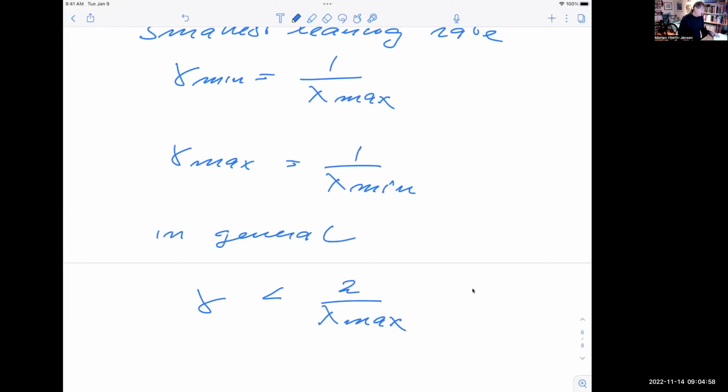So it means that the learning rate can take values between the maximum eigenvalue and the minimum eigenvalue, and the convergence rate of the optimization process will depend on where we place ourselves in the range from the minimum and maximum eigenvalues, because they will then define the maximum and the minimum learning rates.